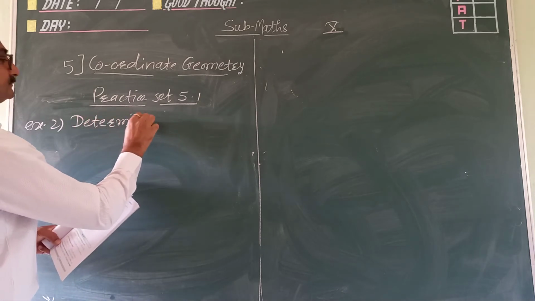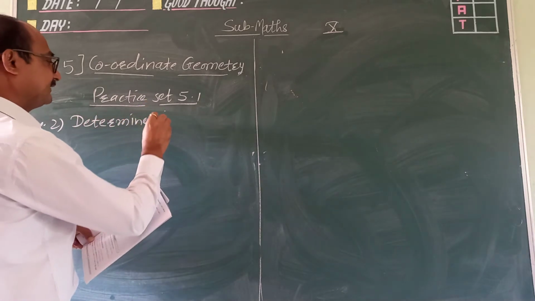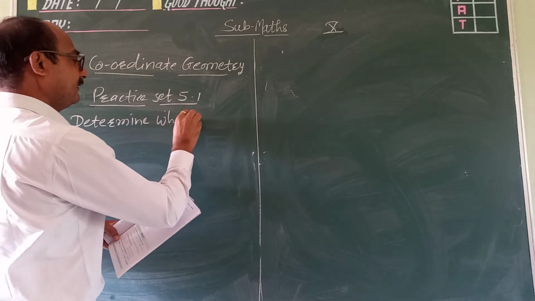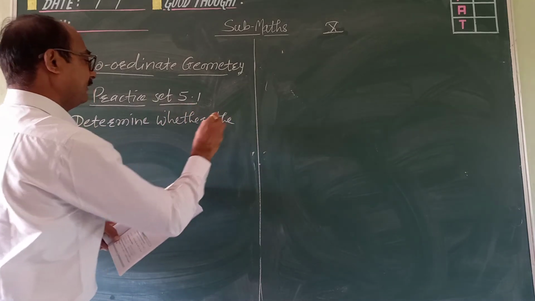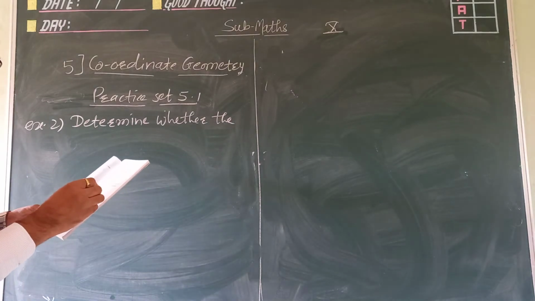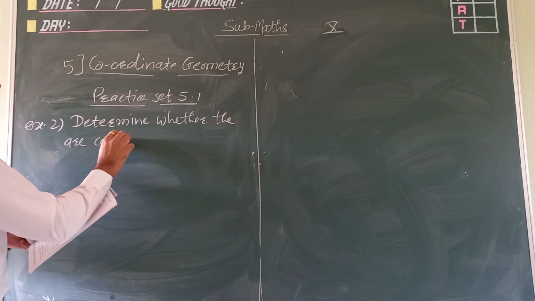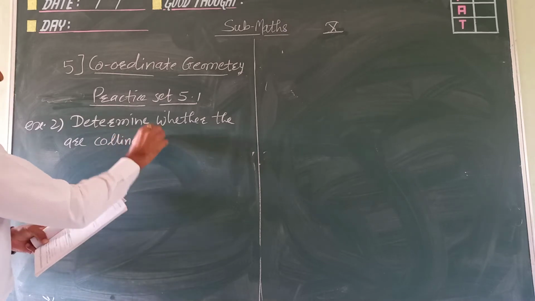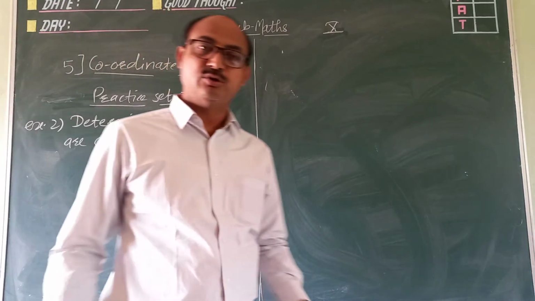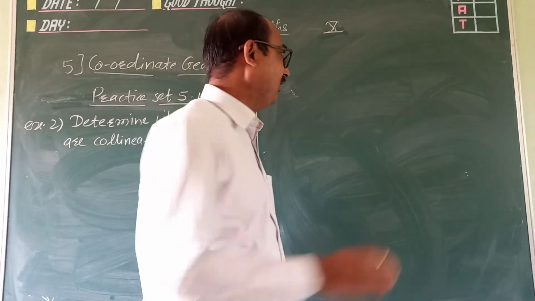Determine whether the points are collinear. Collinear means what? You know, collinear means that the points lie on the same line.